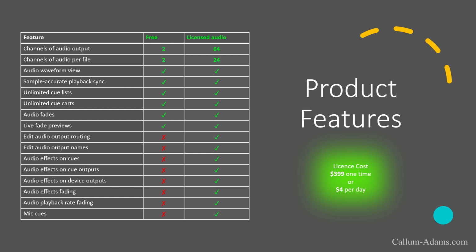But things between free and licensed, as you can see, if you license it, you get a lot more features, but it is expensive. Especially if you're not doing shows all the time. If you're not a theatre and you've not got shows coming in every single day, then I don't see much point in getting a license, whereas if I'm just a student, it's quite easy for me to just run a simple show with a free license and just go for it.